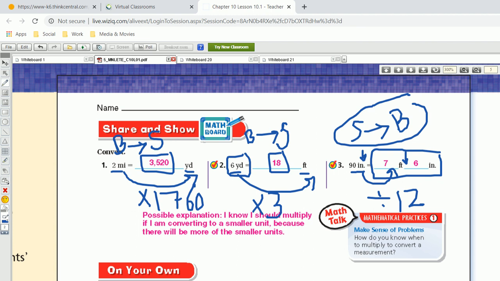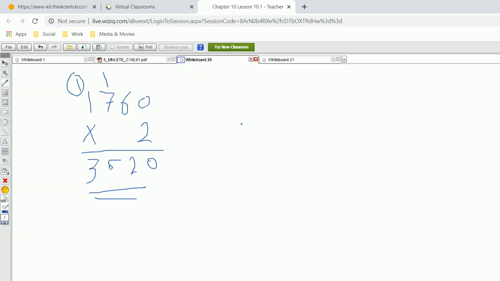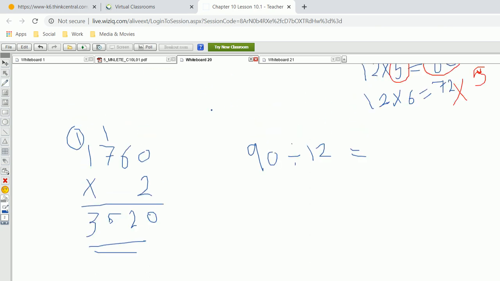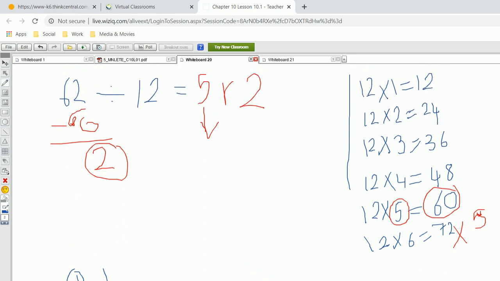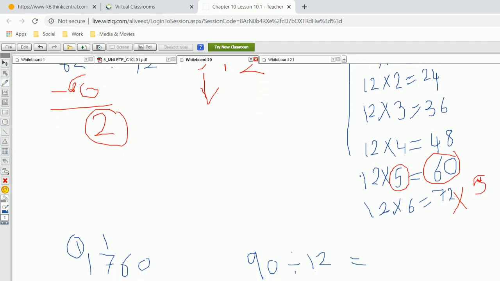90 divided by 12 equals what? Let's divide it. 90 divided by 12. Okay, we wrote the table of 12 before. Let's see it. We have here 12 multiply. Okay, the closest number, we didn't reach 90 yet.